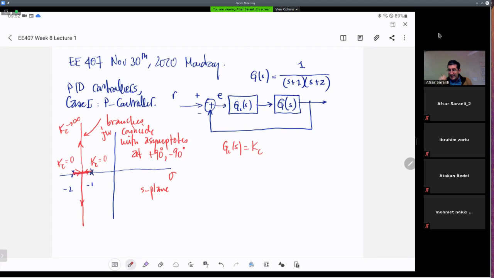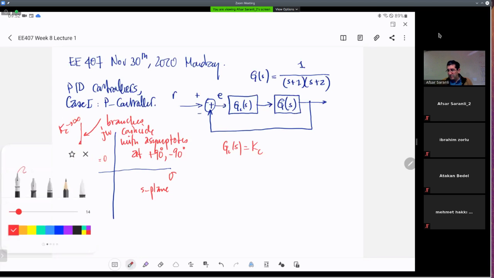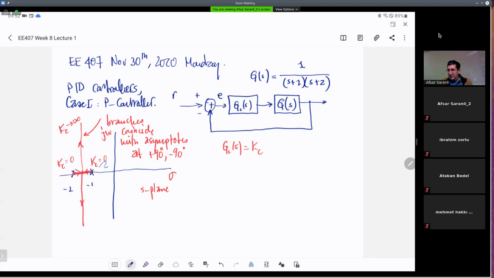Although we do not focus too much on negative gains, for negative KC the root locus will have a different shape, but it's going to eventually cross to the unstable side.